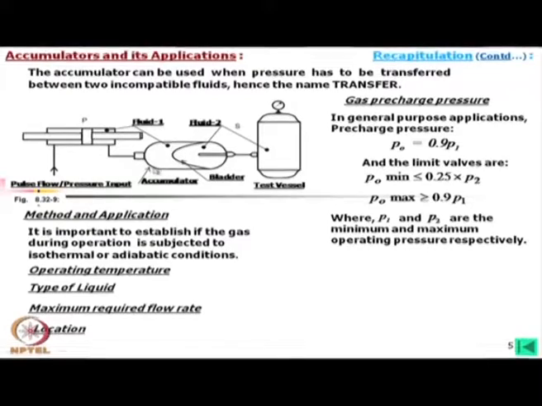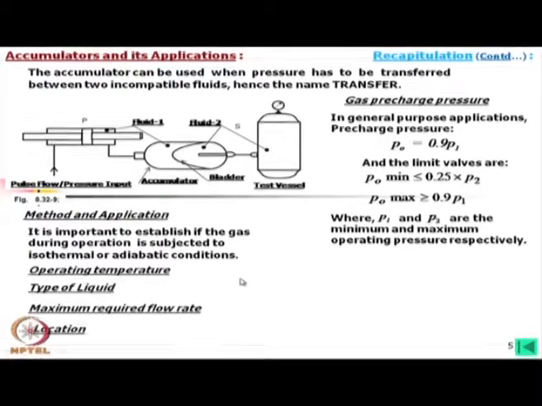Inside it is usually hydraulic oil, and then by a reciprocating pump or actuator, with an equal rod on both sides, we can generate a pulsating load here, which is transferred through this accumulator to this vessel, and then this vessel is tested for fatigue load.